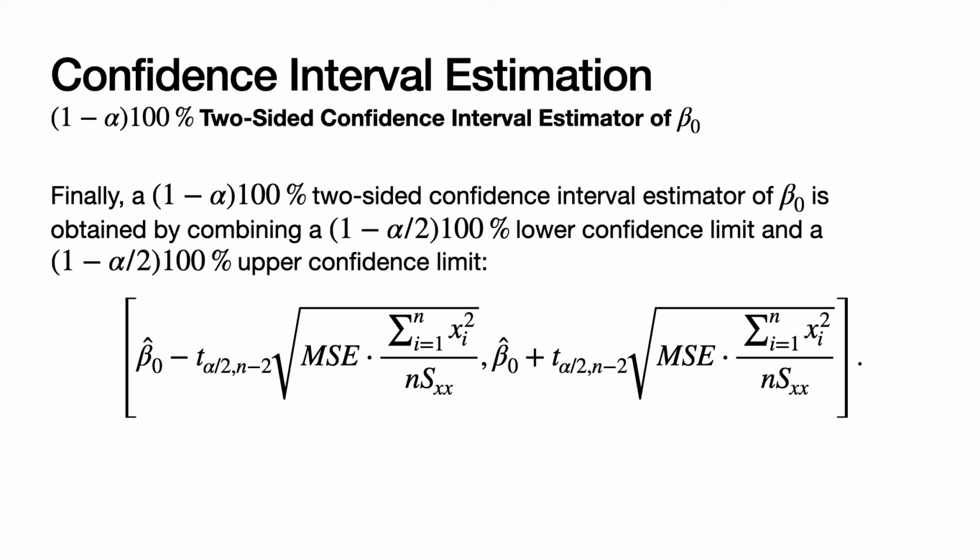And so that gives us the two-sided confidence interval, beta 0 hat minus plus, and then the product of the interval coefficient, t, that has alpha over 2 in the subscript, times the estimated standard error of beta 0 hat, which is the square root of the MSE times the sum of the squared x values divided by n times S sub xx.